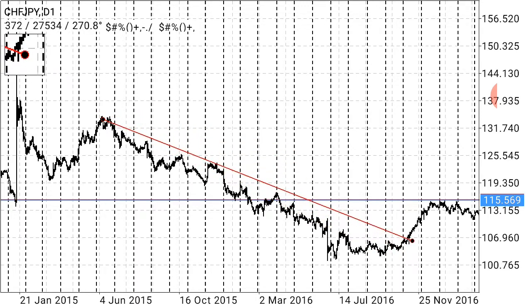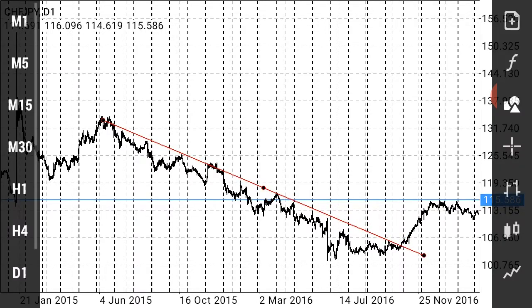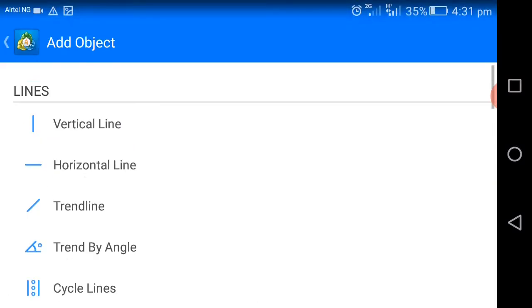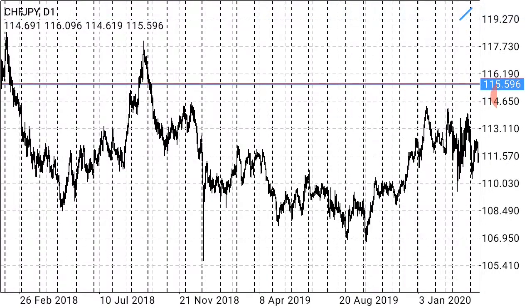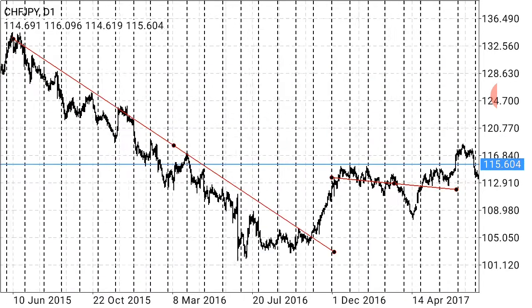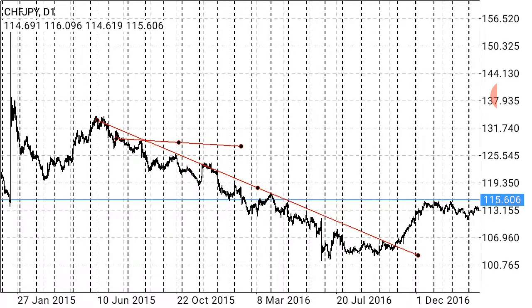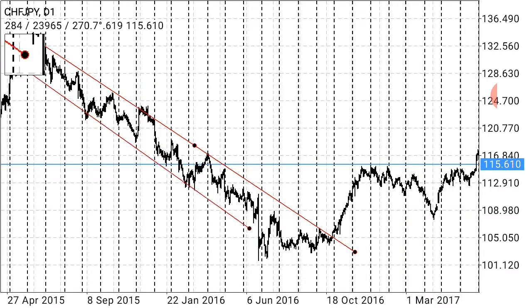So, line of best fit. Pick another one again. So you can practically analyze either with your phone or your laptop. It's still the same market, the same chart, the same move.